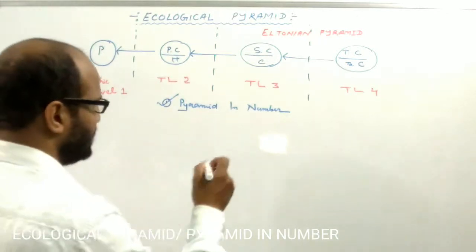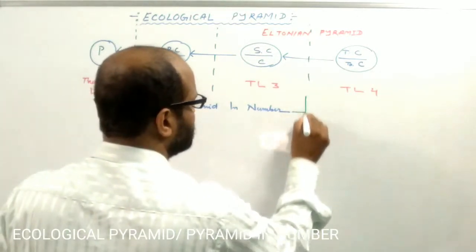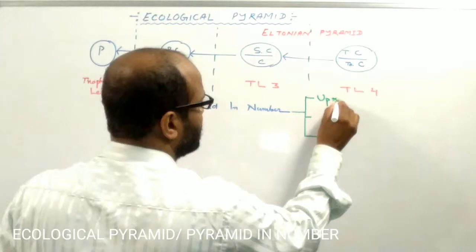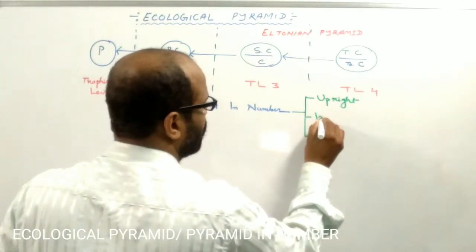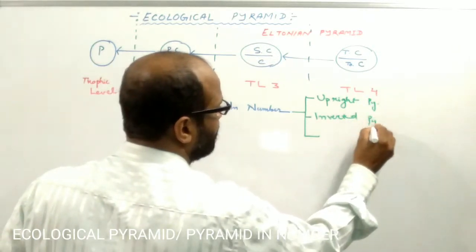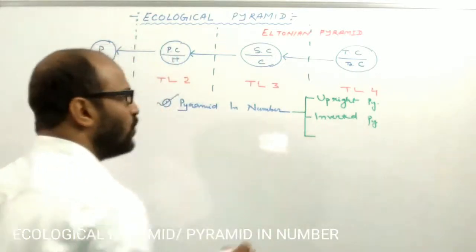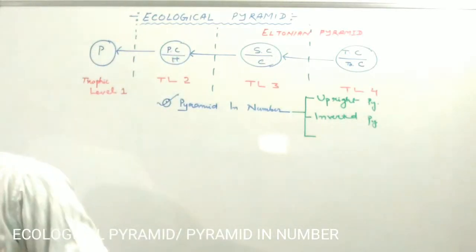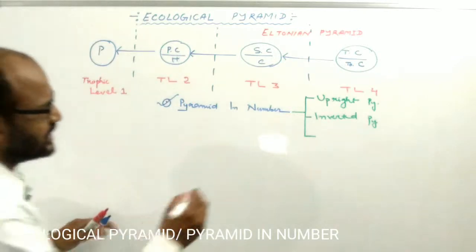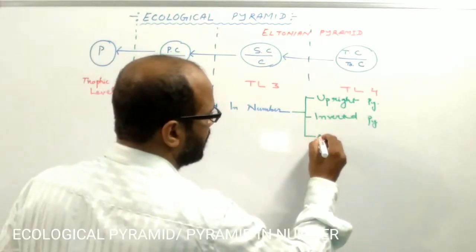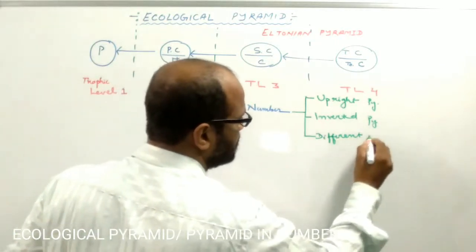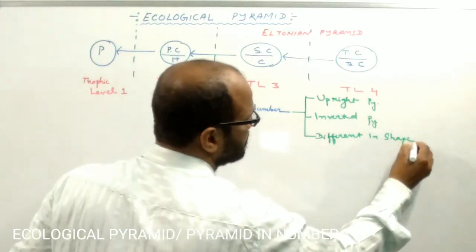In this case, the pyramid in number may be of three types: the upright pyramid, the inverted pyramid, and a somewhat different type of pyramid, which is somewhat different in shape.